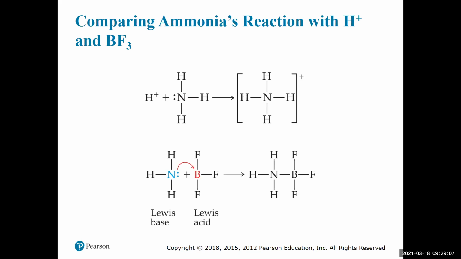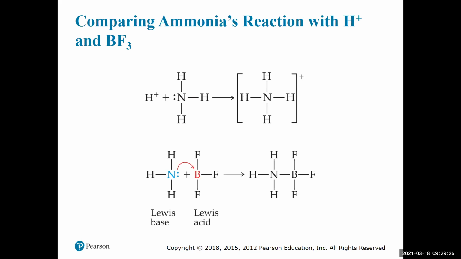Well, you also can have a reaction like we see down below here. In this case, we have ammonia, the NH3 with the lone pair of electrons, but we also have BF3. And yet those things do react in an acid-base fashion.